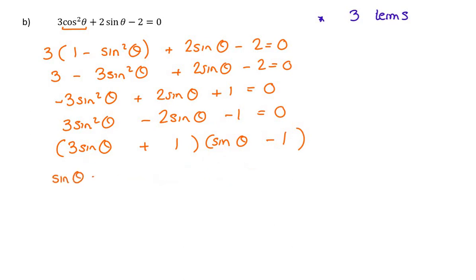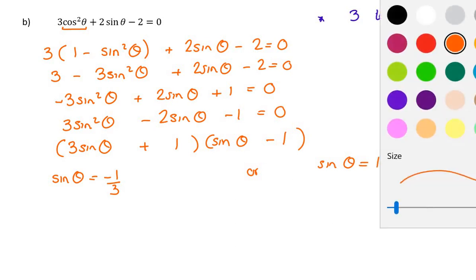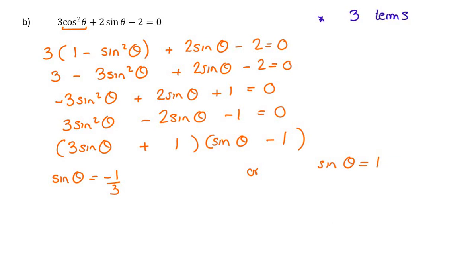So I get sine theta is equal to -1/3, or sine theta equals 1. Now, unfortunately, sine is a little bit more annoying to solve, because you actually have to go find the two solutions. So first of all, don't forget that you shift sine of the negative, you include the negative of -1/3, and I get a value of -19,47 degrees plus k360.